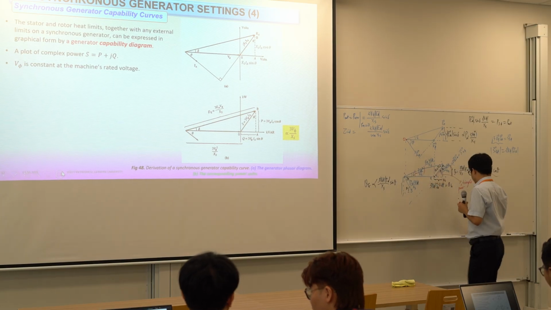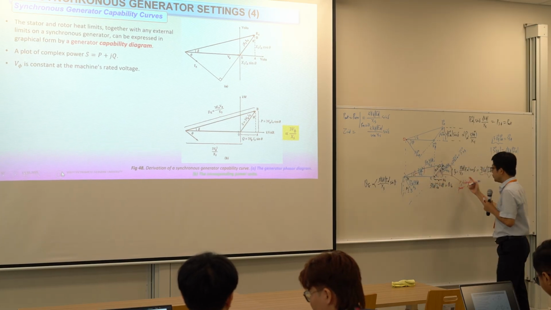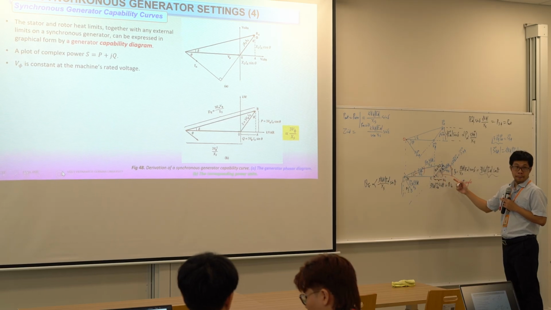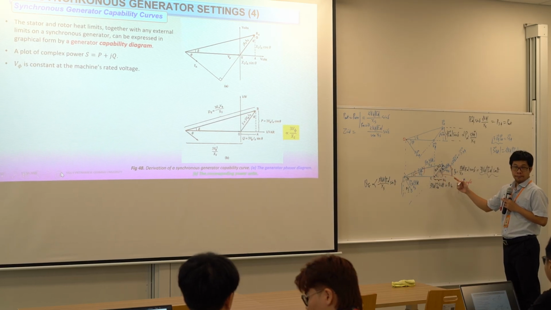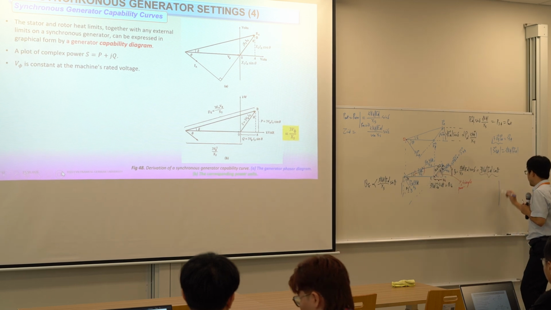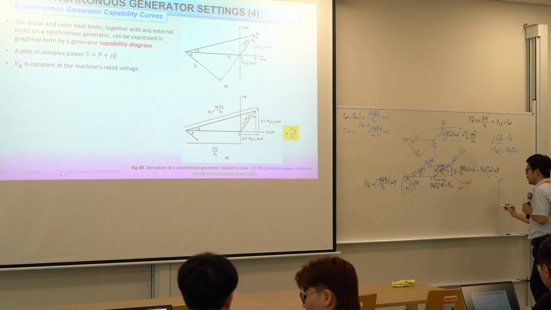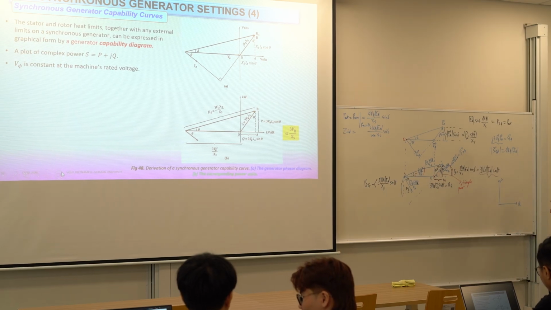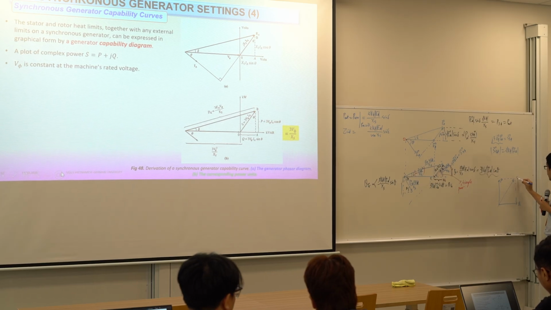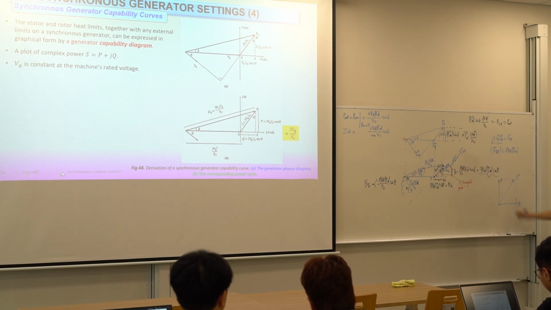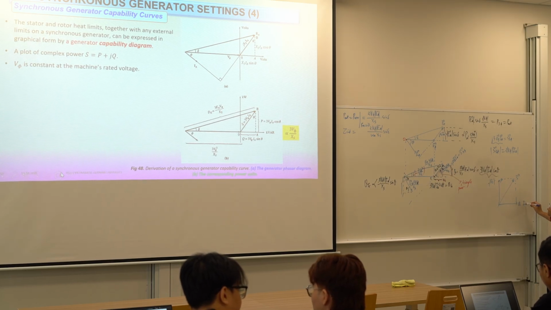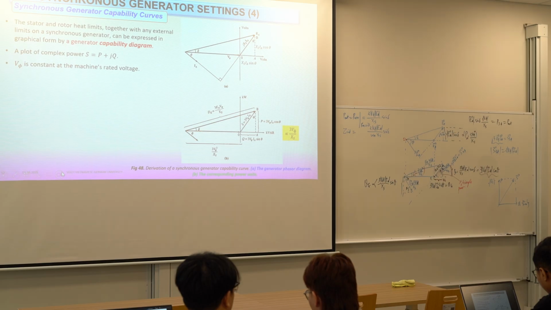Because this triangle is like a polyform. So here is P and here is Q. So P plus jQ, you get S. This is the real part, this is the imaginary part of S.